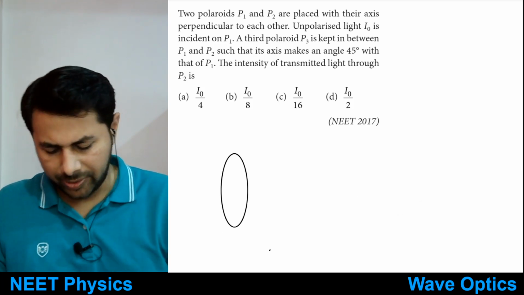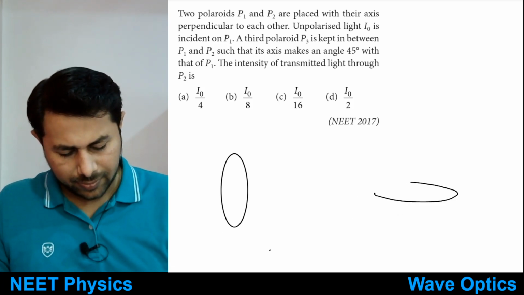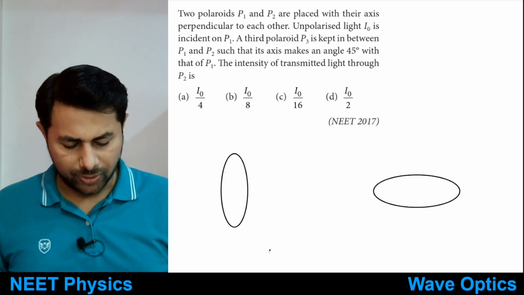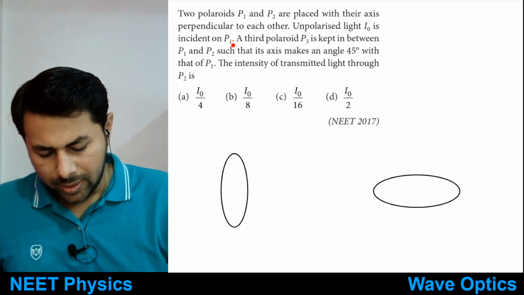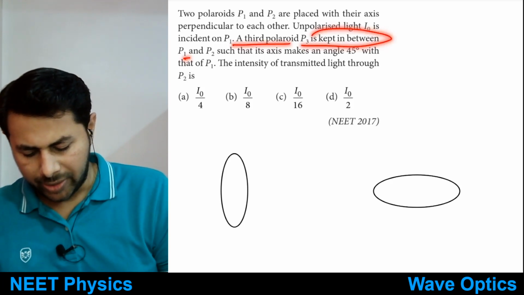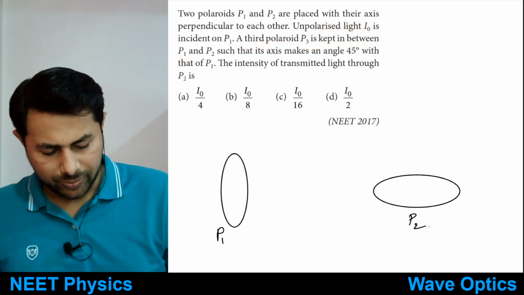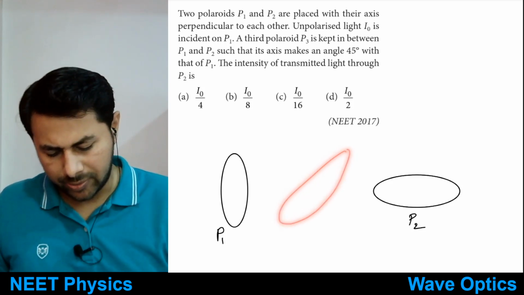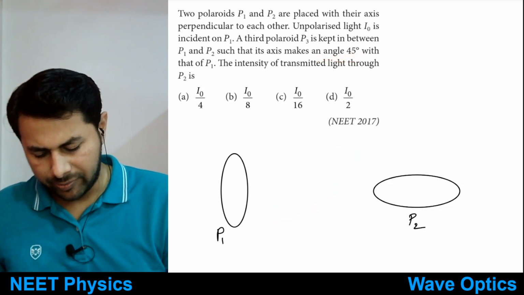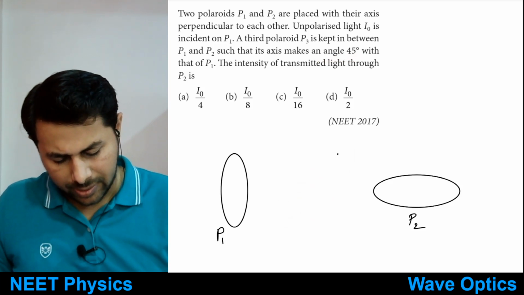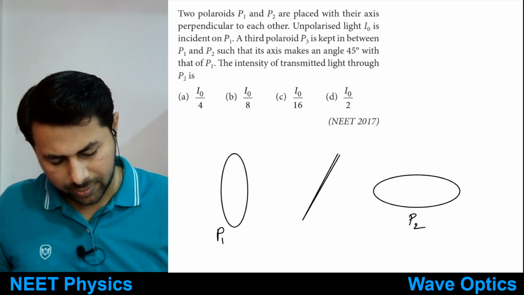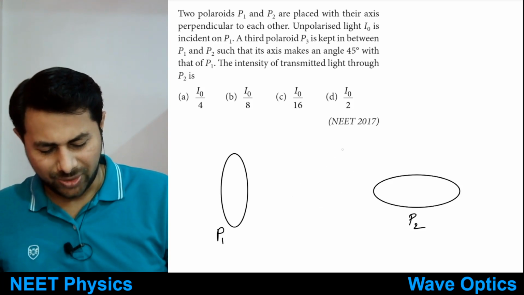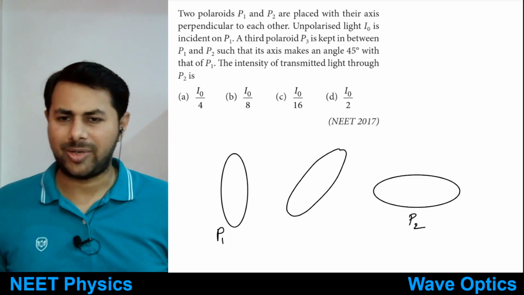This third Polaroid makes an angle of 45 degrees with that of P1.